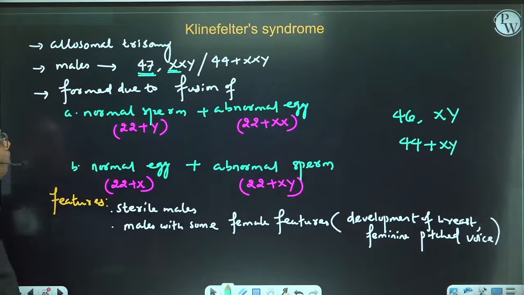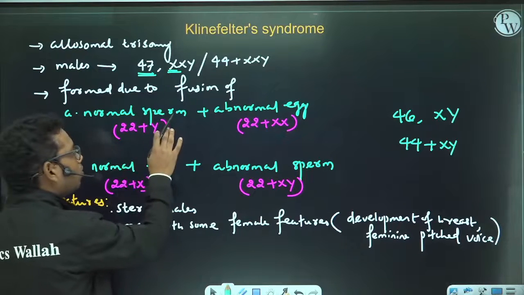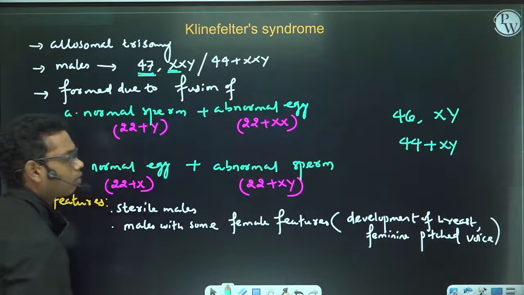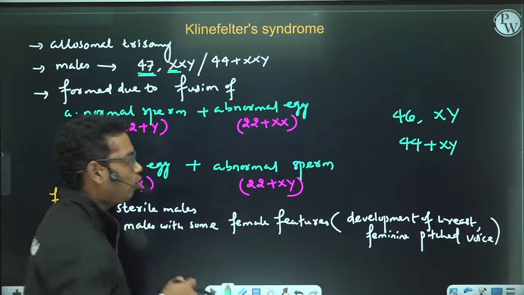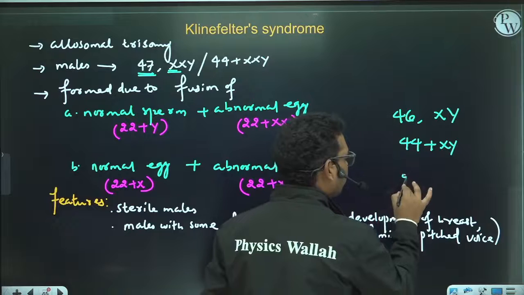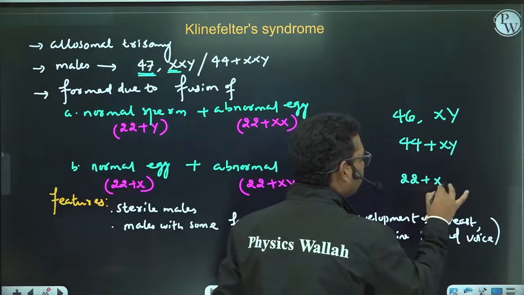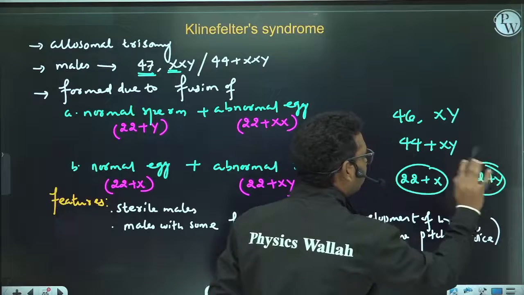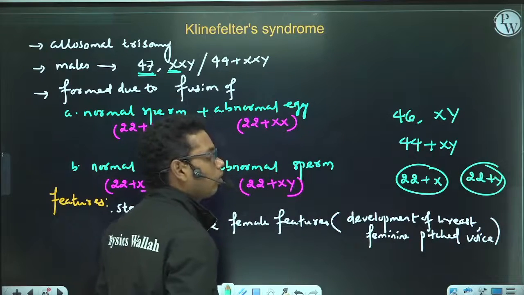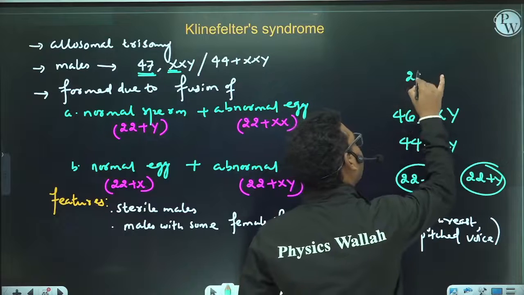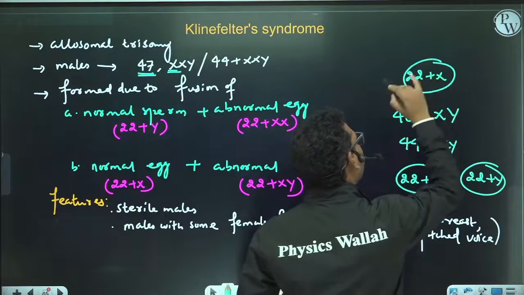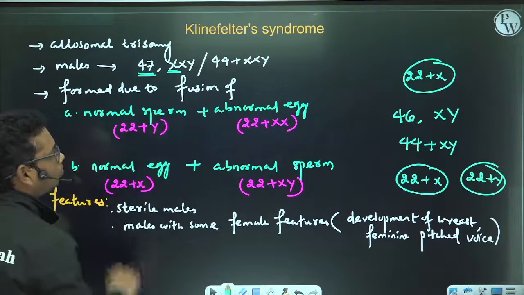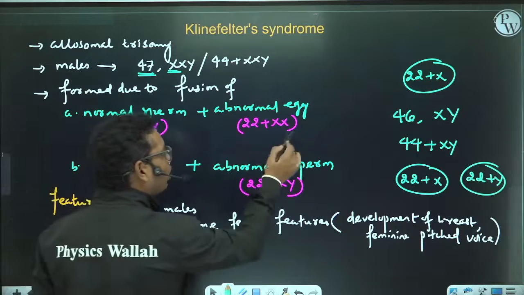And this is formed due to fusion of normal sperm with abnormal egg, or fusion of normal egg with abnormal sperm. We know normal sperm will have 22 autosomes plus X or 22 autosomes plus Y. What about normal egg? 22 autosomes plus X. So this is normal sperm and this is abnormal egg.